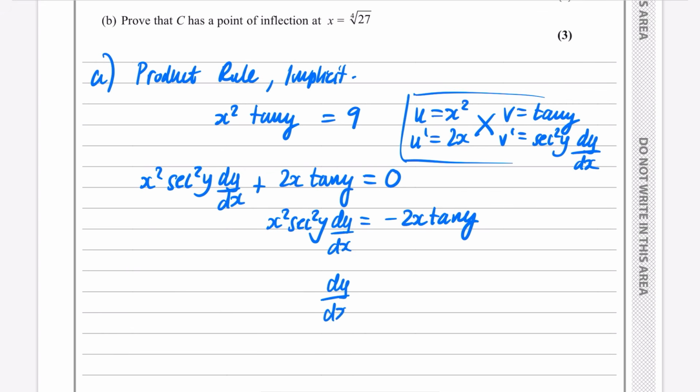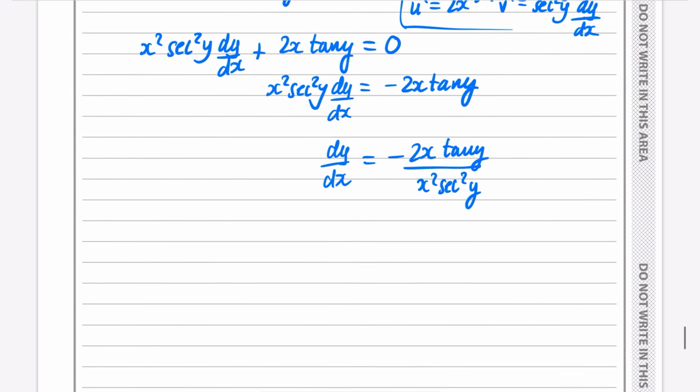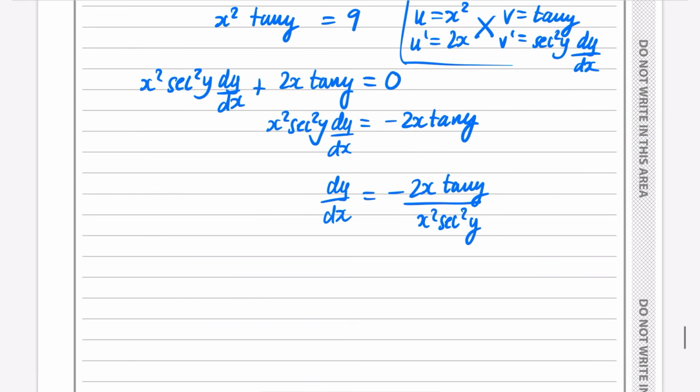So dy by dx is minus 2x tan y divided by x squared sec squared y. Okay, so we want to now turn this so that it's purely in terms of x. Oh, there's something I can do first. I can cancel that x with that bit that we've got here. So we have minus 2 tan y over x sec squared y.